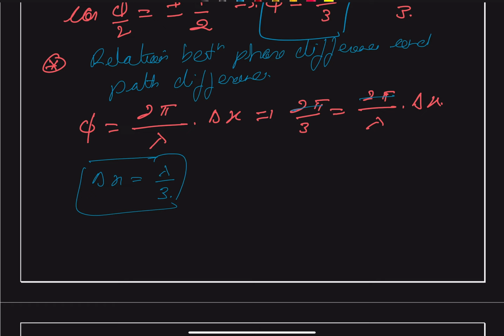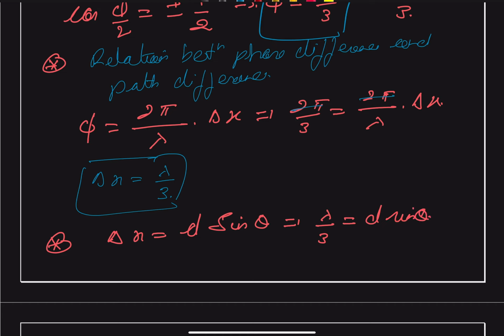And we know that the path difference is equal to d sine of theta. We already know that delta x is equal to d sine of theta, and we need to find out theta, that is the angular position. So we substitute, this will be lambda by 3 is equal to d sine of theta.